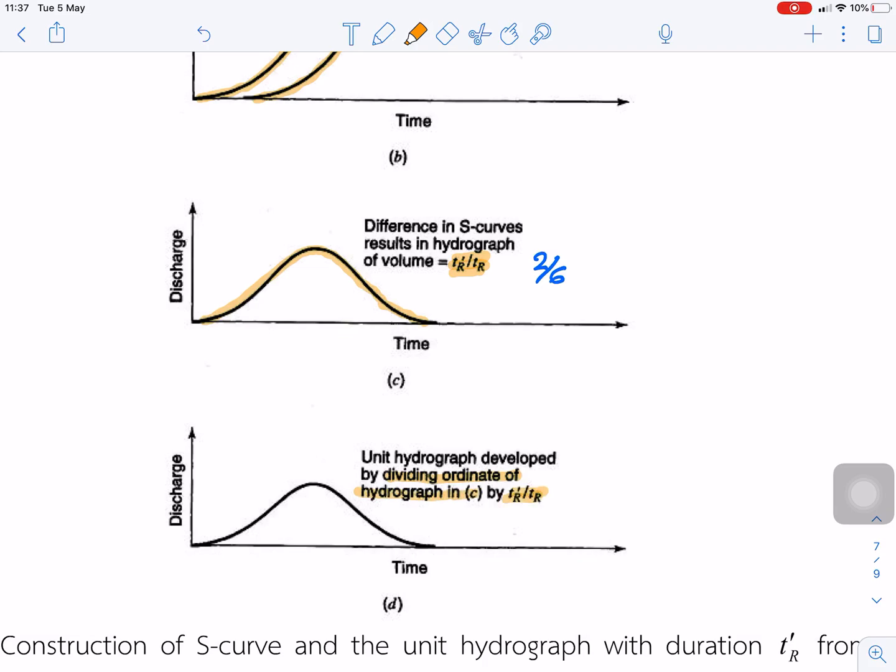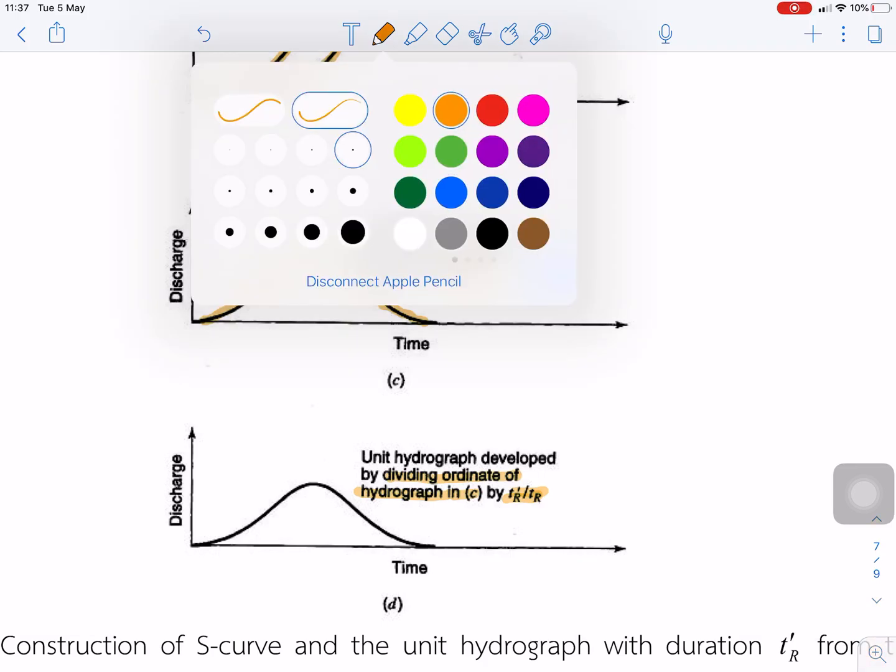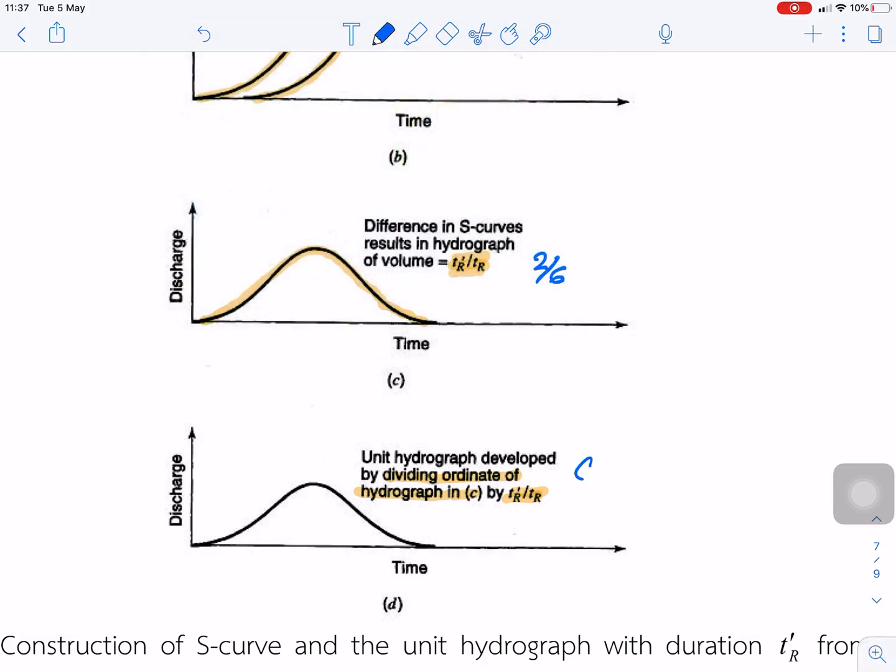If we have the ordinate Q, we have to divide it by 2 over 6. It means we multiply the ordinate of Q by 3 to get the area under the curve equal to 1 again.